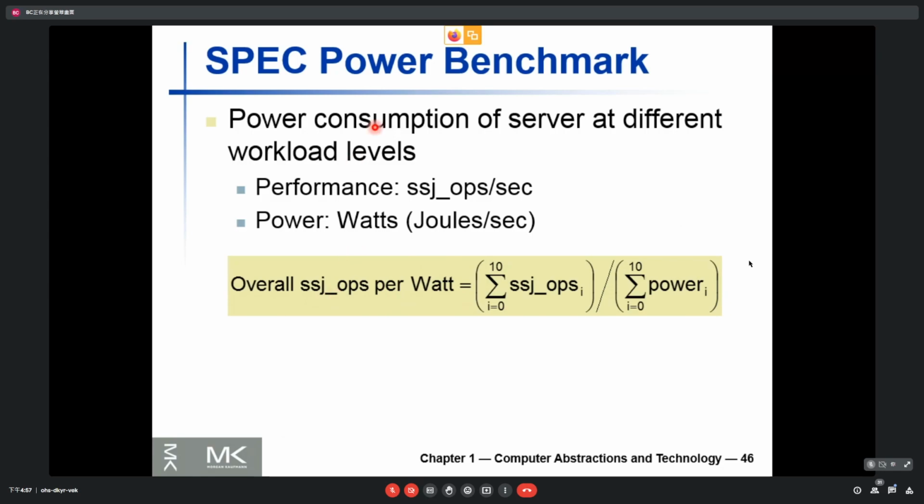So this is called a power benchmark. This is a good example of different ways of looking at performance.